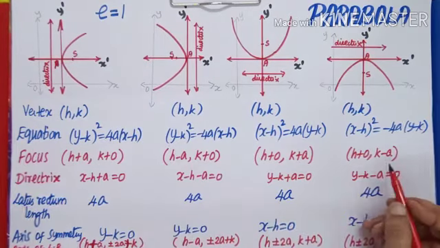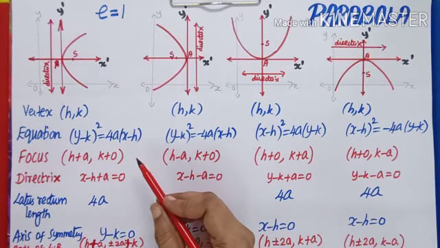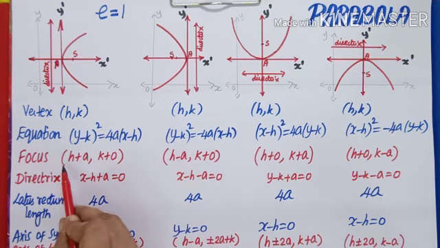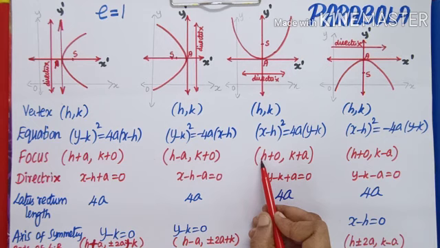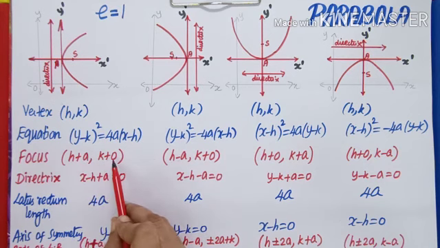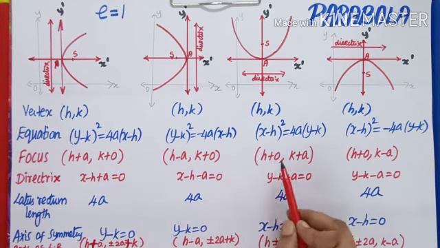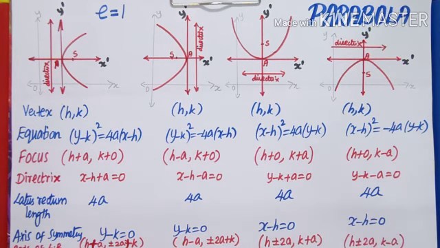So these are the ideas in all the focus or vertex or wherever we write, add h, k. Remember, for x you add h, for y you add k. Remember that. Here a, 0 we add, here minus a, 0, here 0, a and here 0, minus a.